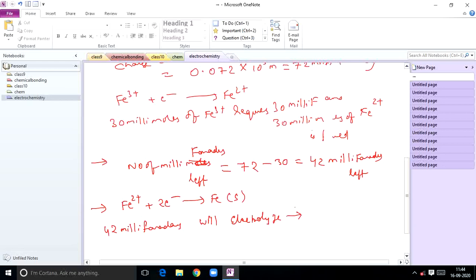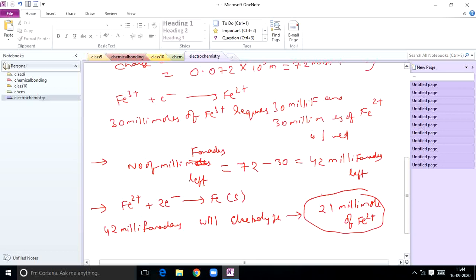How many millimoles of Fe2+? So 42 millifarad will electrolyze 21 millimoles of Fe2+.